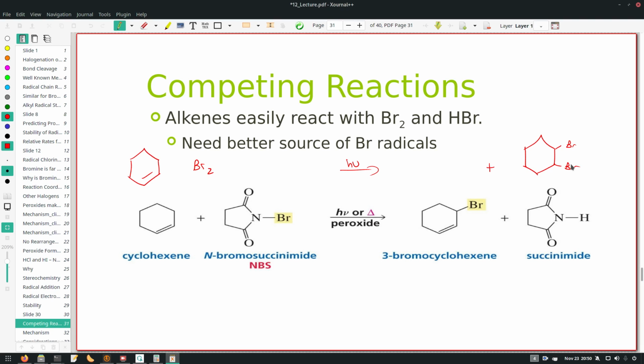All right. The best way to avoid that is to not use bromine when we're dealing with something that has a double bond in it. So NBS, N-bromosuccinimide, along with the light, will create enough free bromine radicals that we can see this happen. And we don't have to worry about any addition reactions.